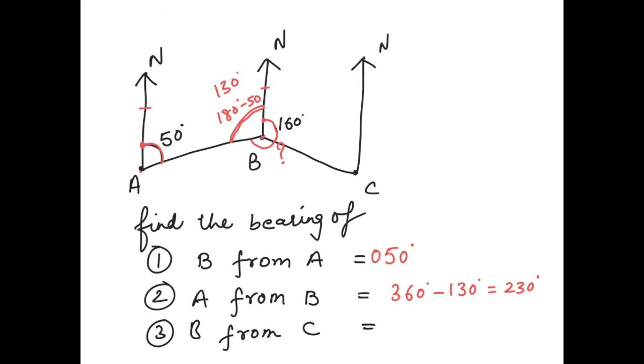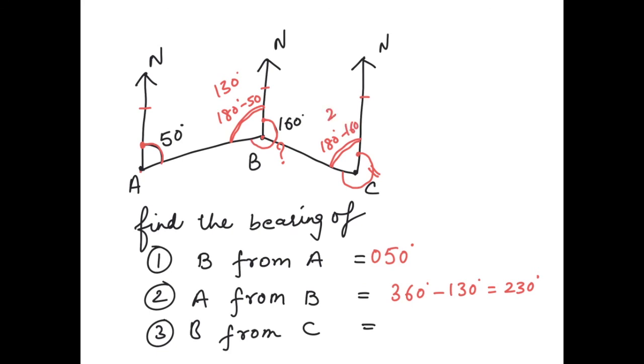Let's do the third one. B from C. Now we need to start from C and we need to go until the line traveling to B comes. So this is our ending. For that, we know that again, the sum of the internal angles between the parallel lines will be 180. So it will be 180 minus 160.